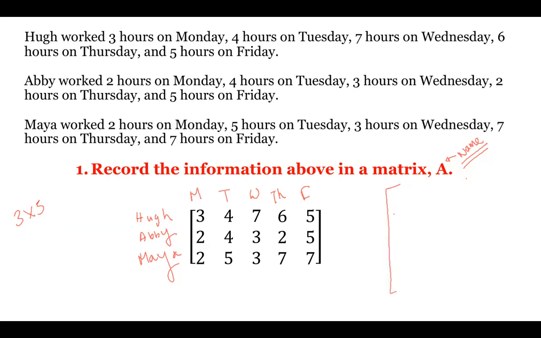I could have set it up so that it was Monday, Tuesday, Wednesday, Thursday, Friday, and then Hugh, Abby, Maya going this way. And I could have had 3, 4, 7, 6, 5. These actually have a relationship that we're going to talk about.